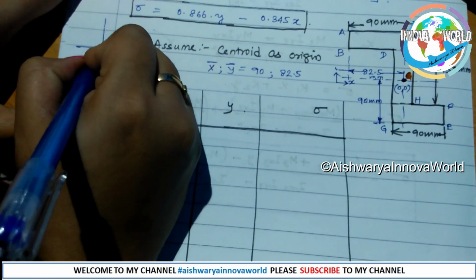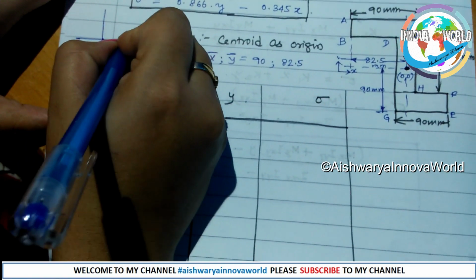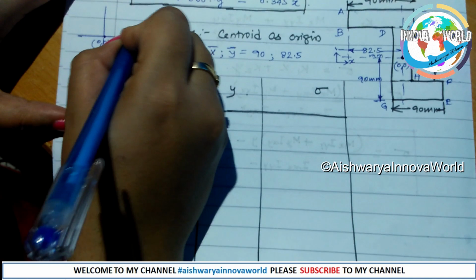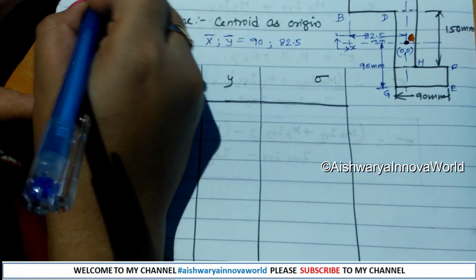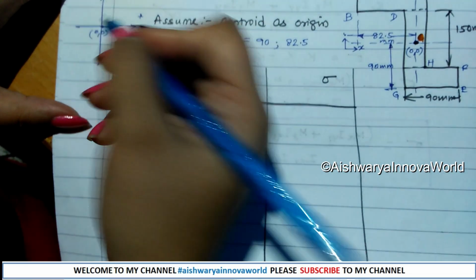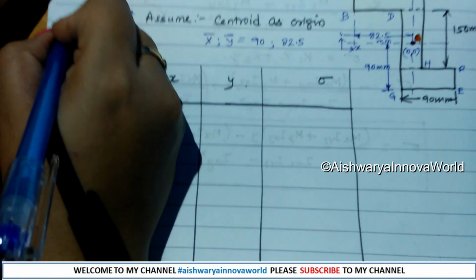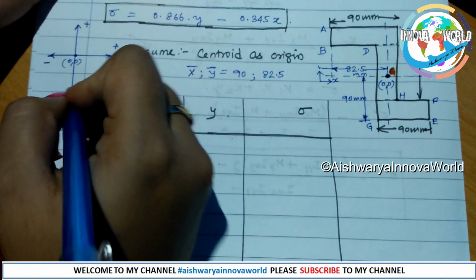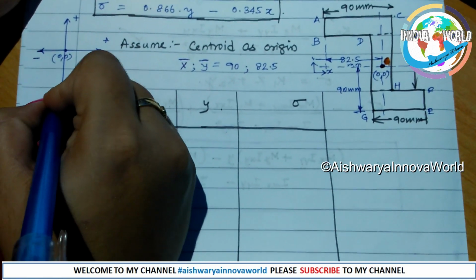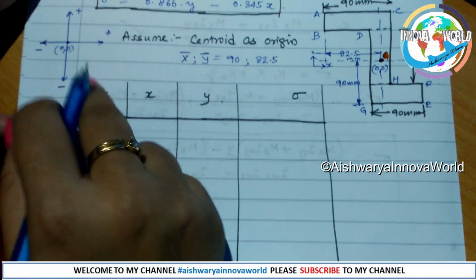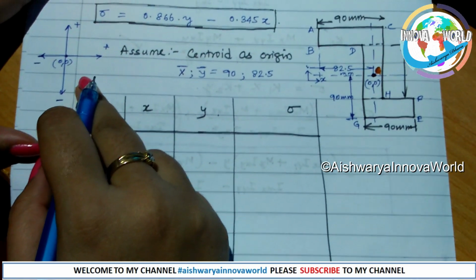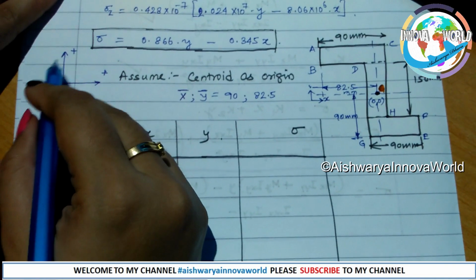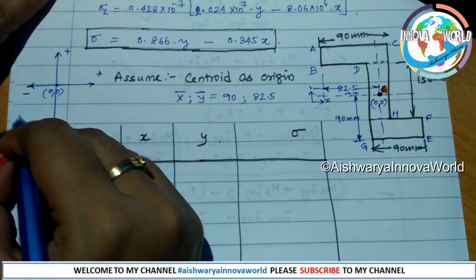This is 0, 0. Now, if you take the distance on the right hand side, it will be plus, and upward side will also be plus. As per the graph representation, left will be negative, and downwards will also be negative. Please remember this convention. Right is positive, upward is positive.